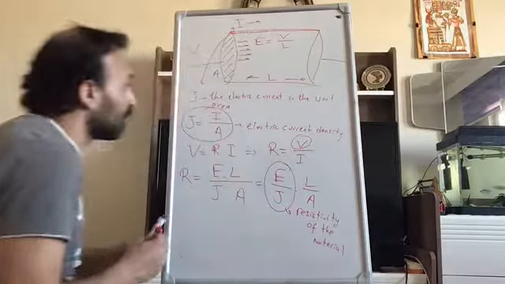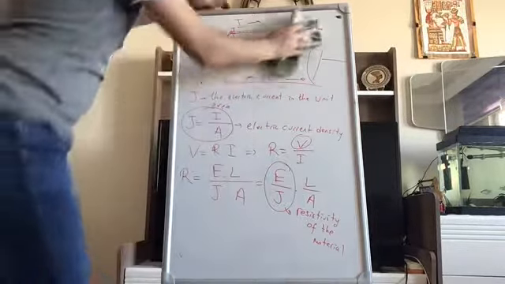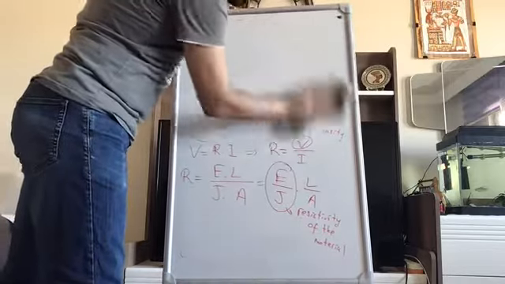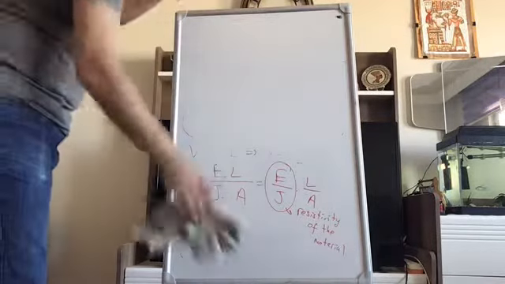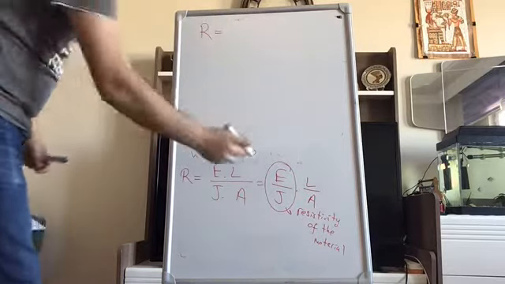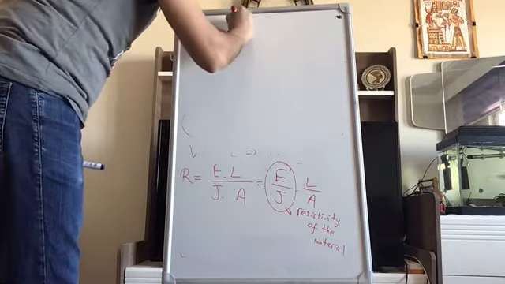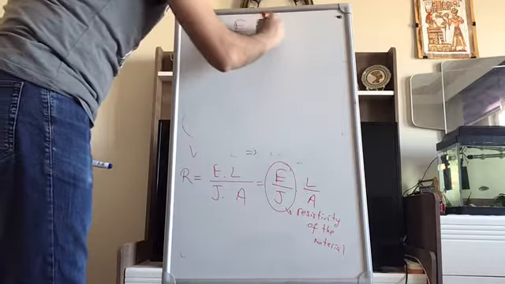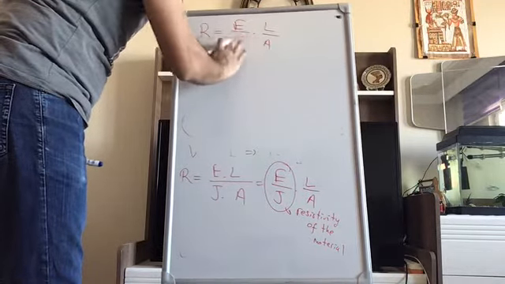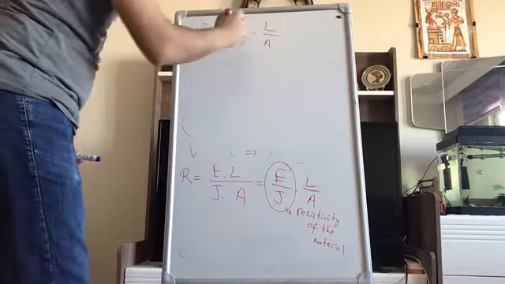Let me make myself some space. Following the last equation, we can write the resistance of a wire or conductor as E over J times L over A, and this E over J is the resistivity of the material.